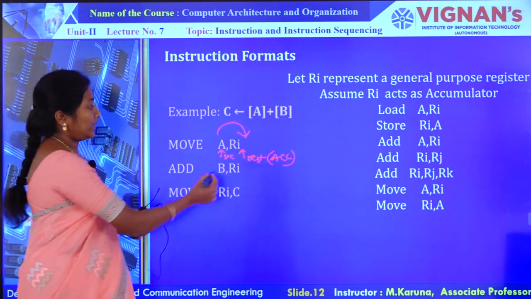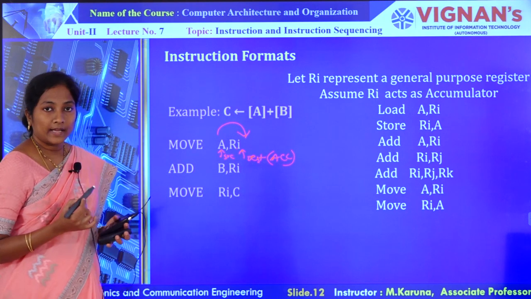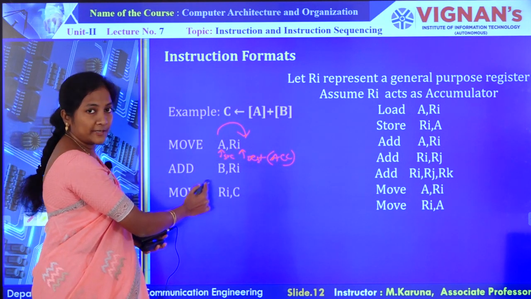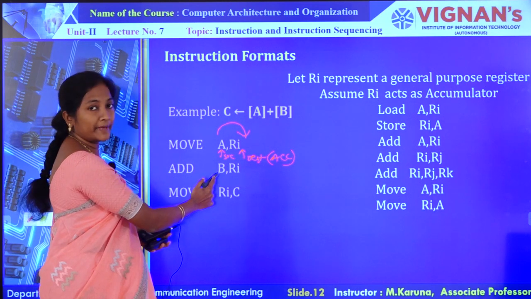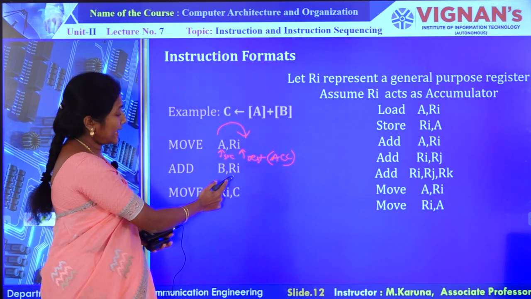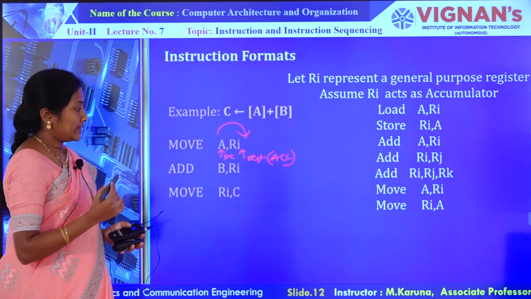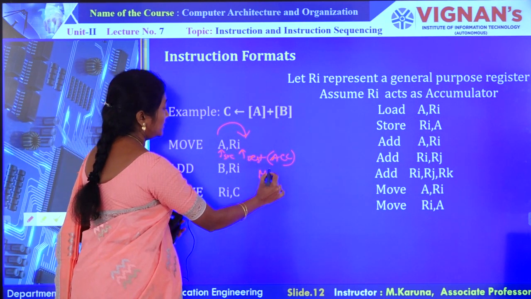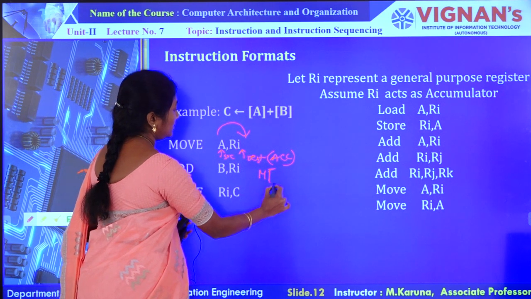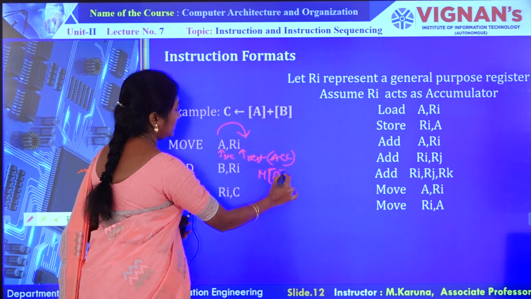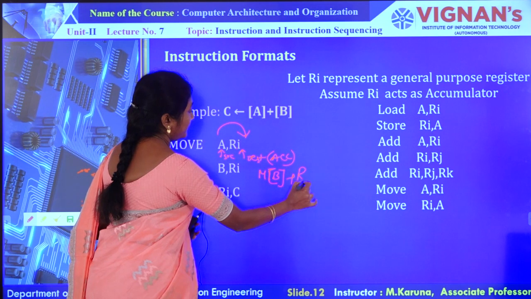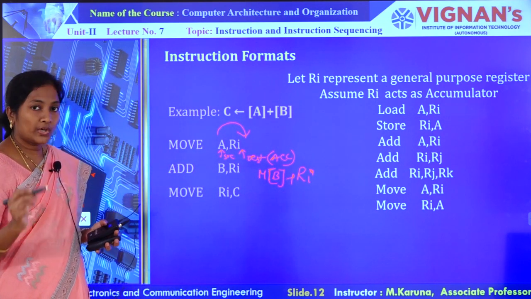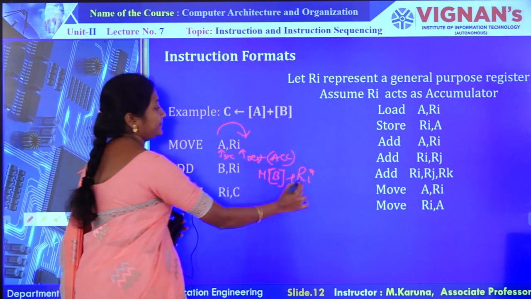Now the data is in accumulator Ri. Now perform the add operation between the content of memory location pointed by B and accumulator Ri, and then the output will be stored in accumulator.